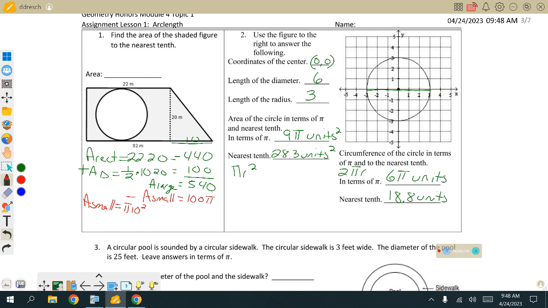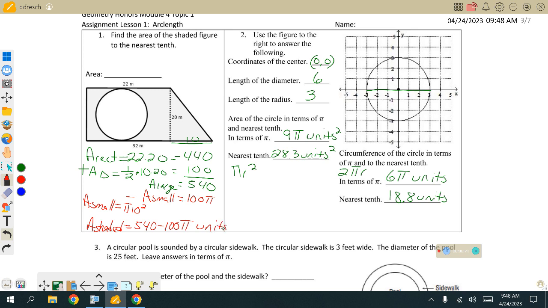All right, so 540 minus 100 pi. That is my shaded region. So that's my answer. 540 minus 100 pi. It looks weird, and that answer is fine.